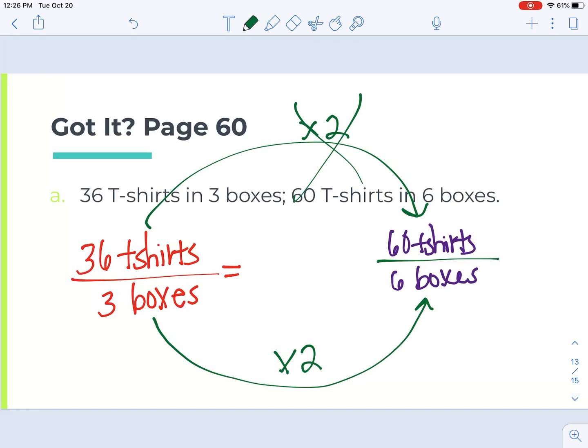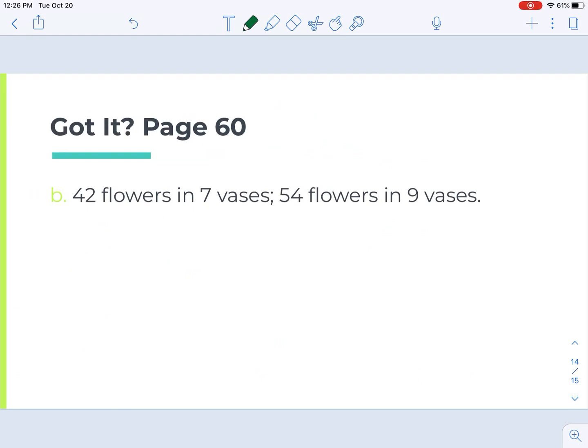So it is not a times 2 on top. They are not equivalent. Okay, you're multiplying your boxes by 2, but the t-shirts are not multiplying by 2. Pause and do letter B if you have not done B yet.